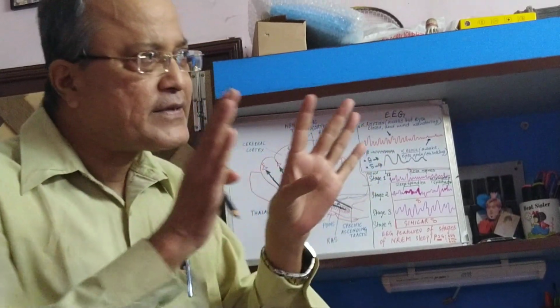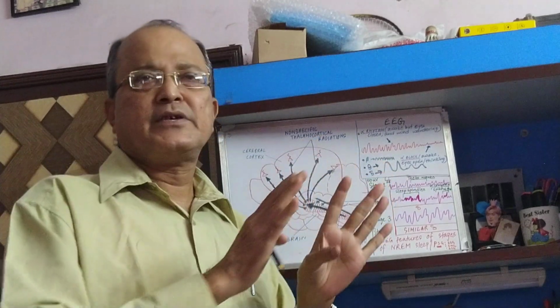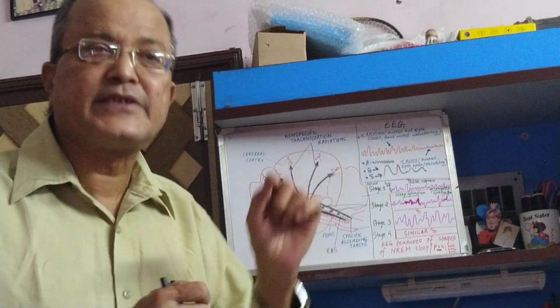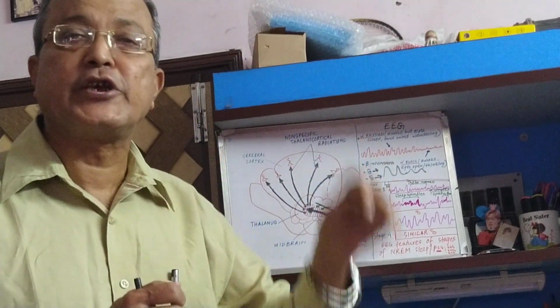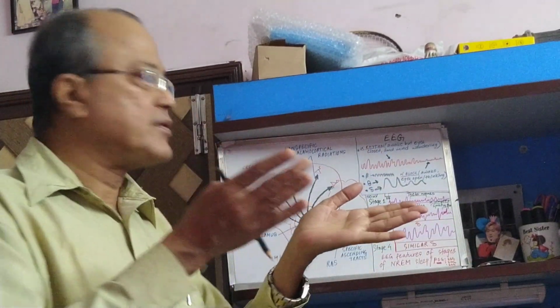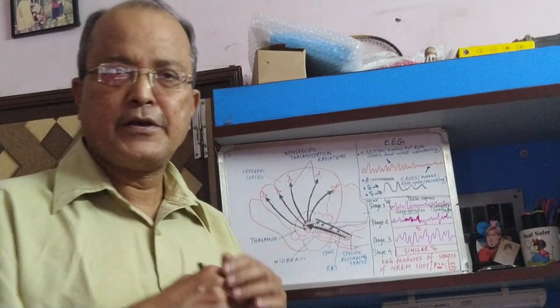Though the eye movements are observable from the external side, still at this stage the person is at a very deep stage of sleep. As a result of these two opposing facts, the REM sleep is also known as paradoxical sleep.